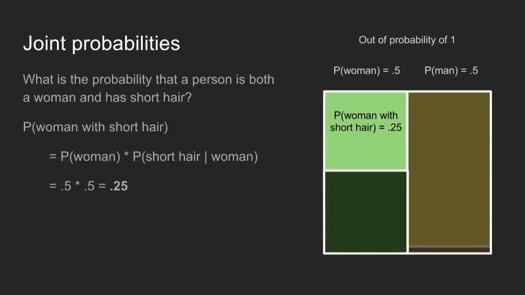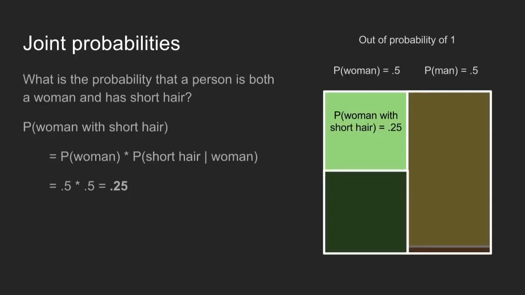Now, concept 2, joint probabilities. So what's the probability that a person is both a woman and has short hair? To calculate a joint probability, you first find their conditional probability. Well, if I know that they're a woman, what's the probability that they have short hair? And then you multiply that by the probability that they're a woman.